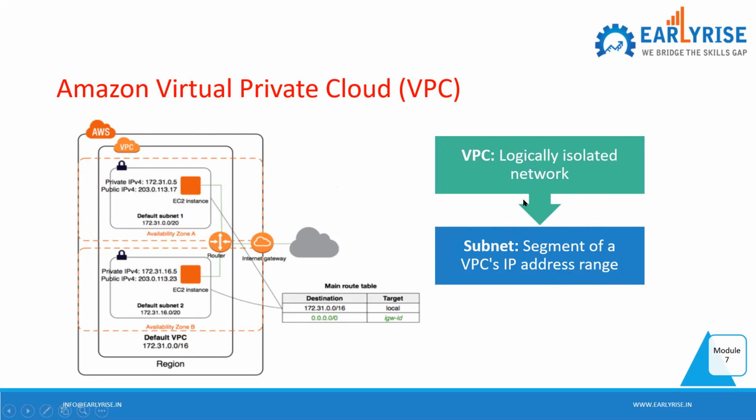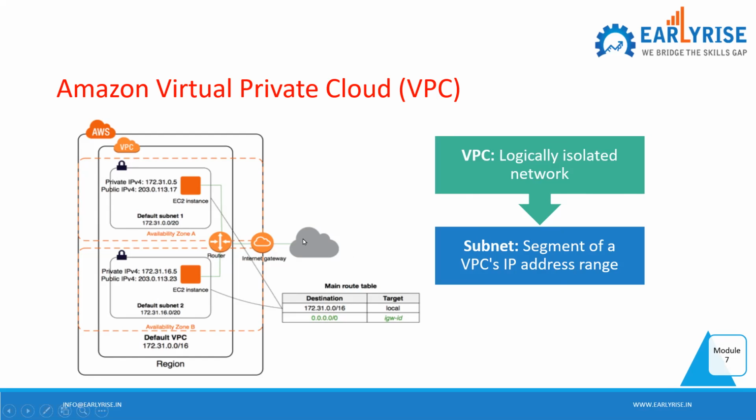So this is part of that network, a segment of that network, a smaller network within that bigger network. Understand it like that. Only creating a VPC is not sufficient. We also need to break it down into different subnets, right?